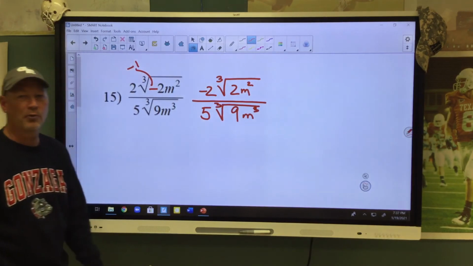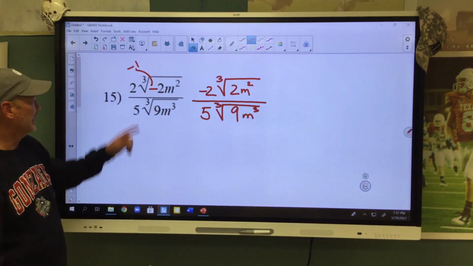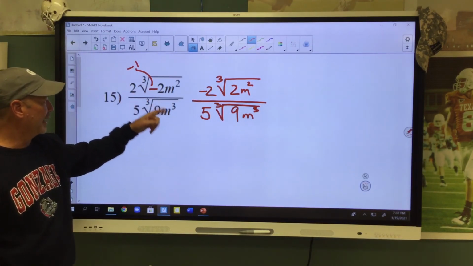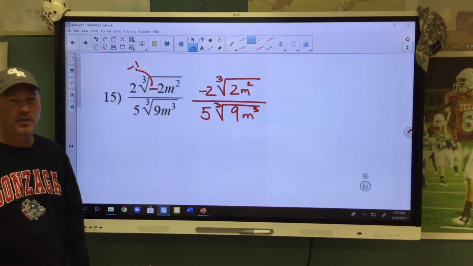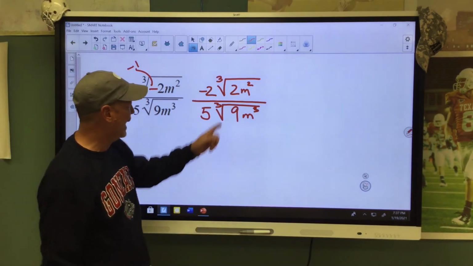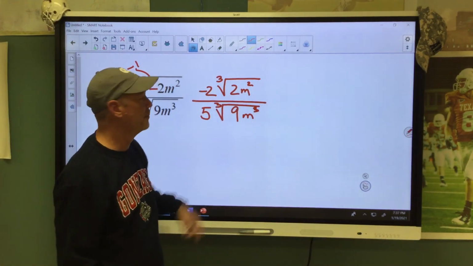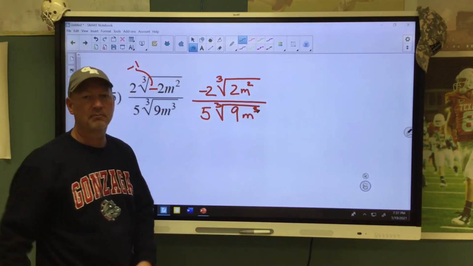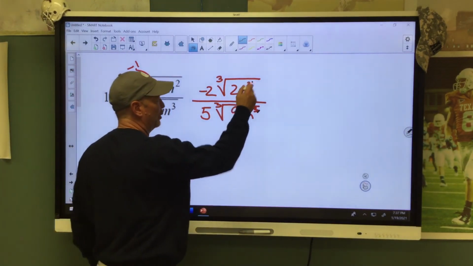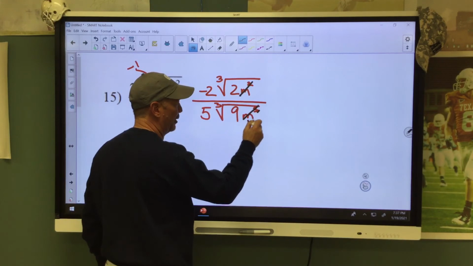So the first thing I would do, before I even got started, since I'm taking the odd root and I have a negative, I would take out the -1 and do that first. Now see if you can reduce. I cannot reduce the 2 and the 9. But can you reduce the m squared over m? Yes. This will reduce to just the number m.